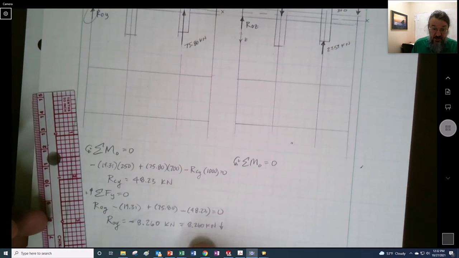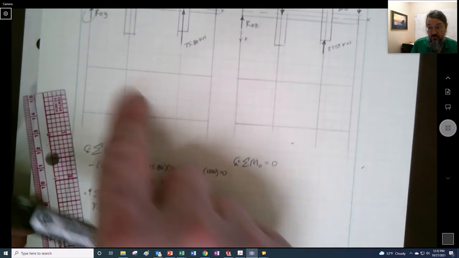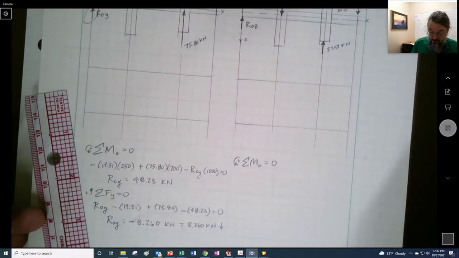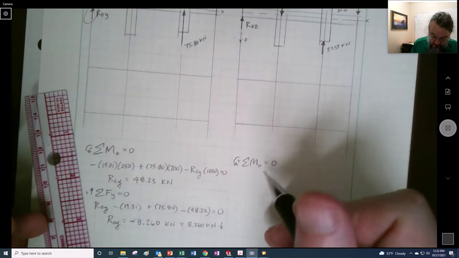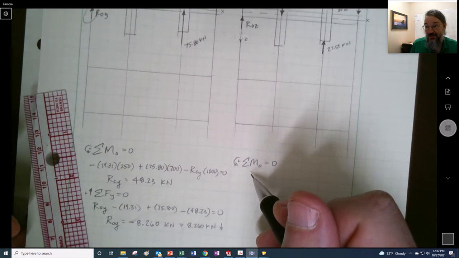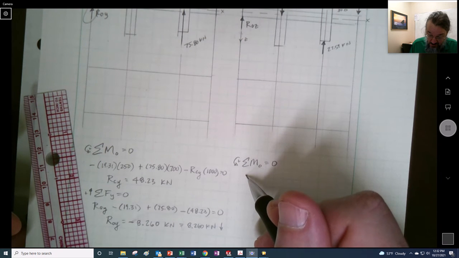And we can check this, by the way, when we do the whole shear moment diagram, we could double, triple check that we got that correct. What a pain when you find out that you didn't get it correct, and then you have to go back and troubleshoot it. But anyway, so let's see.